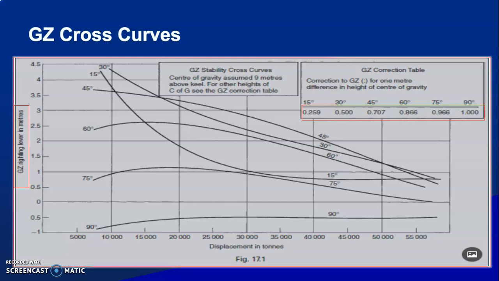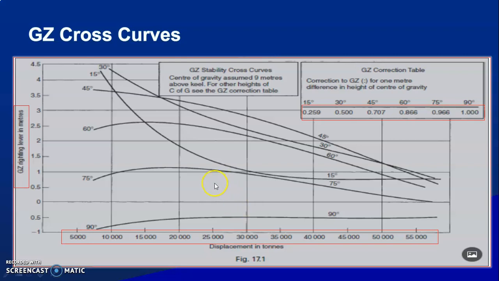There are certain rules on how to add or subtract this correction. Next, under the chart, we have the displacement of a certain vessel. At each displacement, there are already readings to get a righting lever in meters.